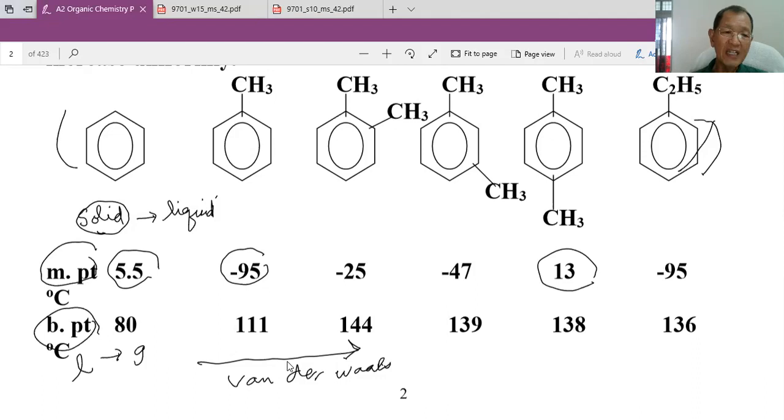When they form solid, they are arranged in nice, proper order. It means the more stable the arrangement is, if it's a well-arranged molecule, all the molecules are stacked on top of each other. If they are properly arranged, they will be more stable, therefore they will melt at a higher temperature. So what causes the molecule to be well arranged easier?